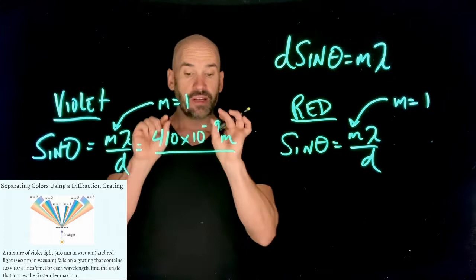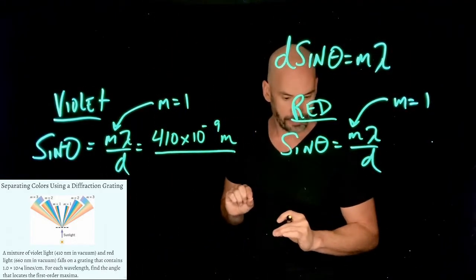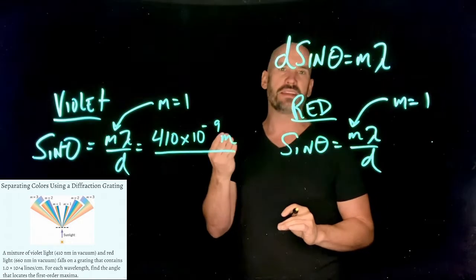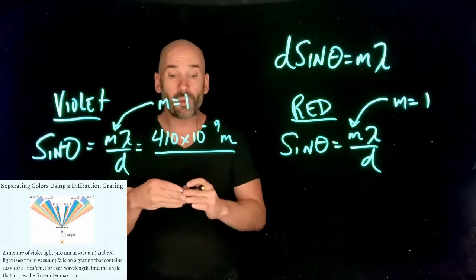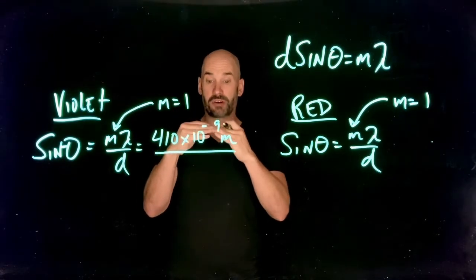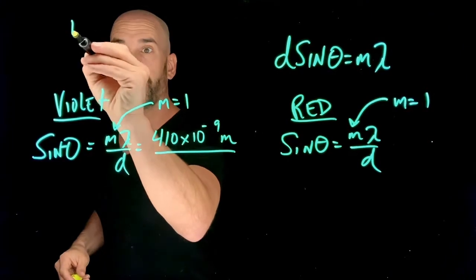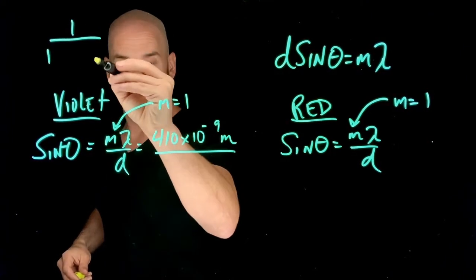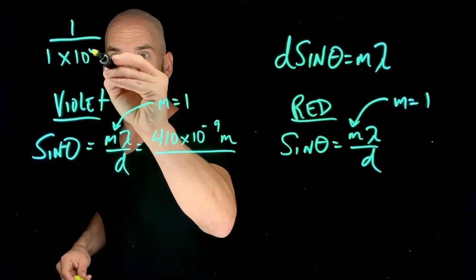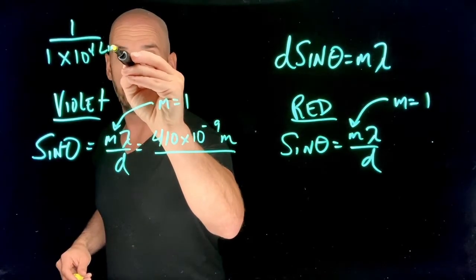The problem says that we have 1 times 10 to the 4 lines per centimeter. So how do we turn that into a distance between slits? Well, we just take the inverse of it. We want to find out how many centimeters there are per line. So we do 1 over 1 times 10 to the 4 lines per centimeter.